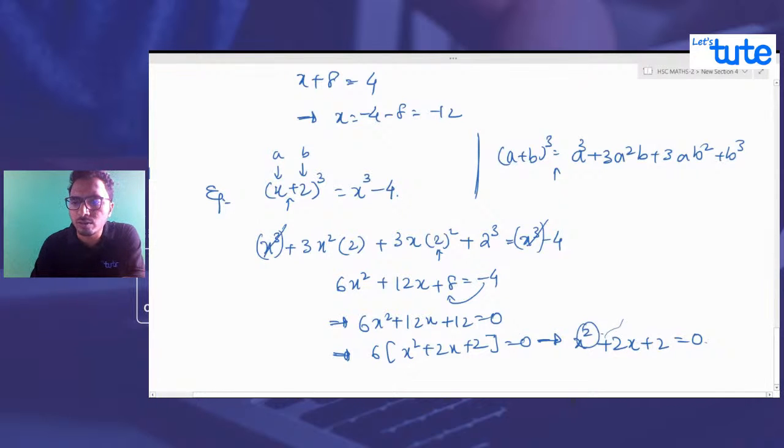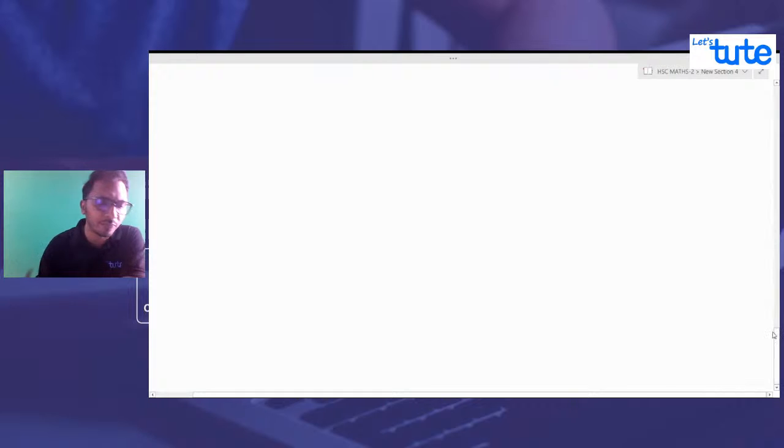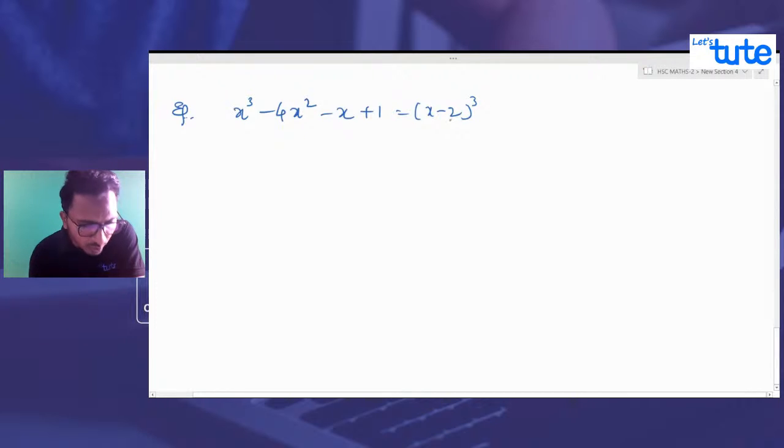Okay, Nishijao. Fine. The question says x cubed minus 4x squared minus x plus 1 equals to x minus 2 whole cubed. Okay, we have a regular expression on the left hand side.